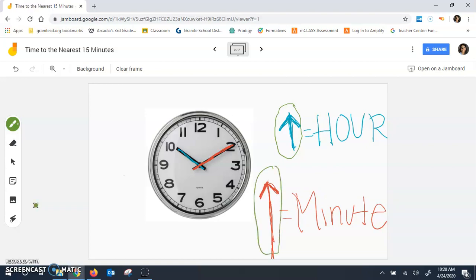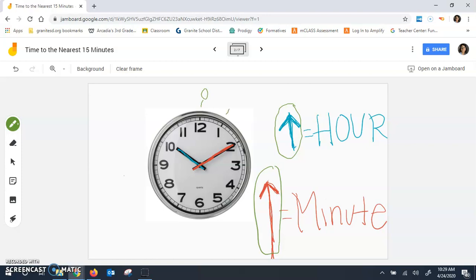And I mean, here's a clock face. You've got from 1 all the way to 12 here at the top. And what you need to know is that each of these large numbers represents 5 minutes passing. So here at 12, you have 0 minutes. So if my hand was here at 12, I'd be at 10 o'clock.